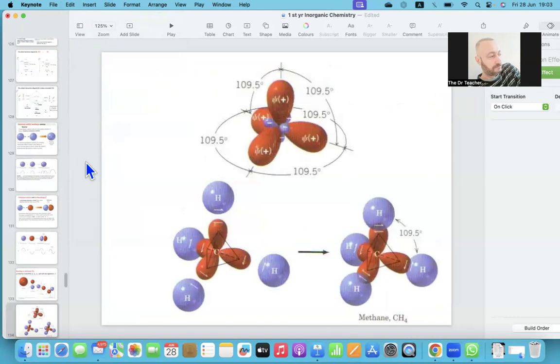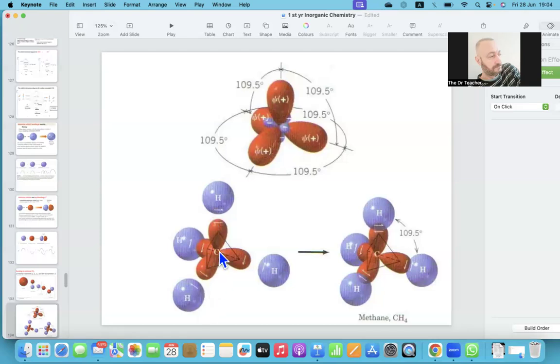And here is the methane, as you see, tetrahedral. If you see, we draw it using the loops, all the positive ones in the same direction, and in the middle the minus ones, and the angle between each phase is 109.5 degrees. That's the bond angle.